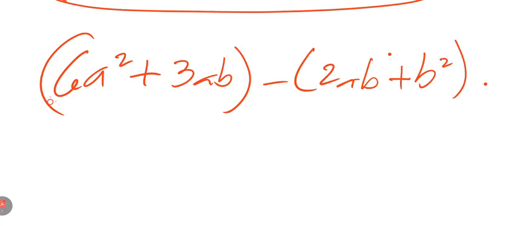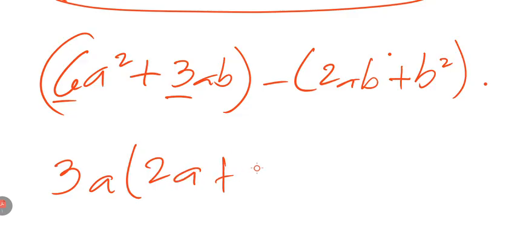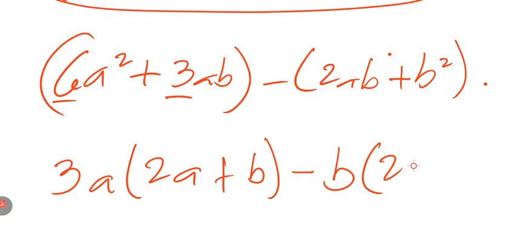Since we have 6 and 3, that gives us 3a times (2a plus b). Then minus, we have b and 2a plus b, so minus (2a plus b).